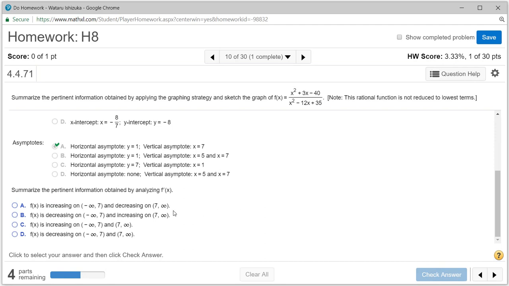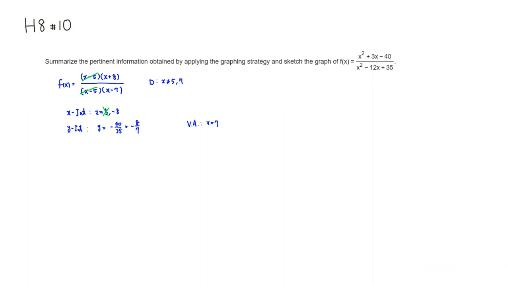All right, so let's see increasing and decreasing behavior. We're going to have to take the derivative here. I already canceled the x minus 5 factors, so we can just take the derivative without those factors, using the quotient rule and squaring the denominator, which is x minus 7 squared.